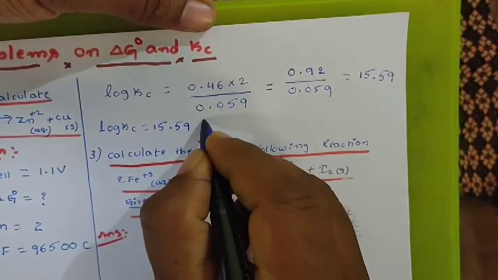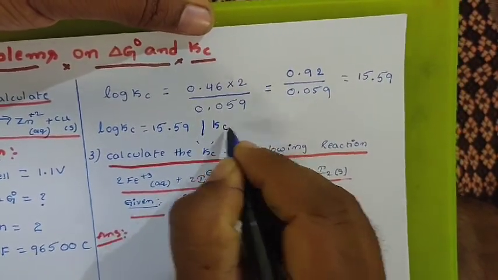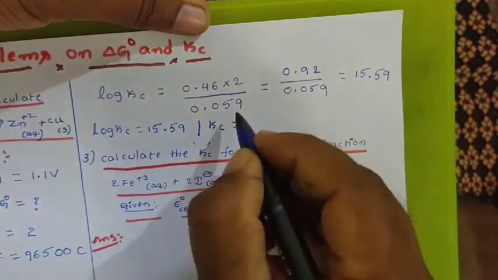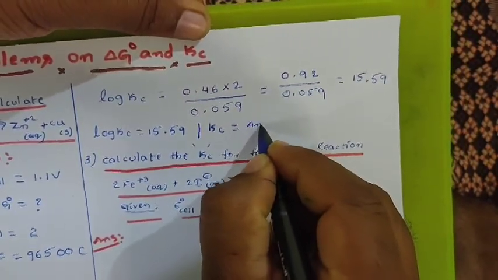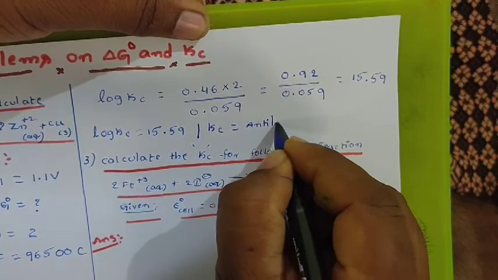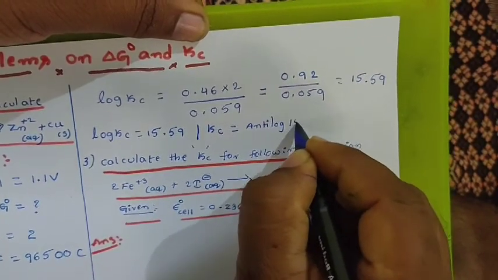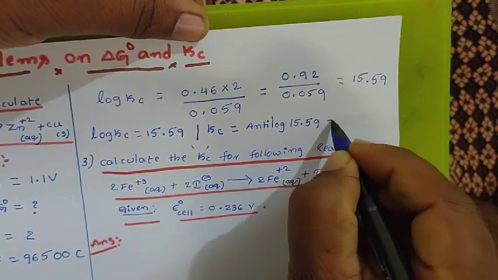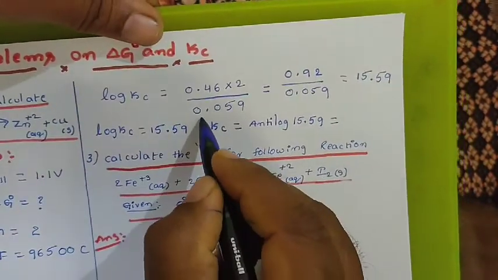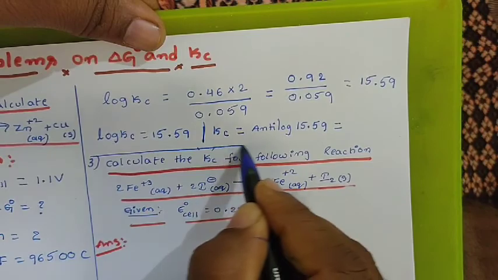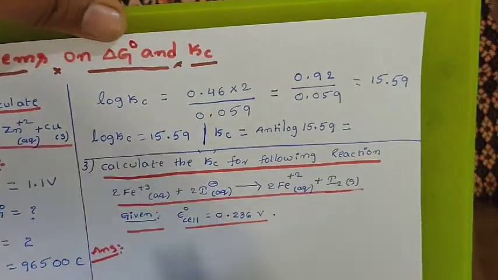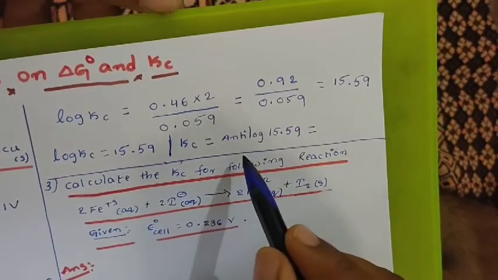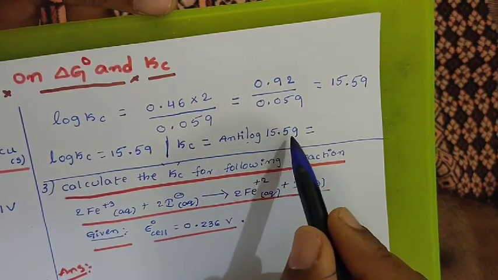Now Kc is equal to the anti-log of 15.59. Now that is equal to, okay, so how to do the anti-log of 15.59?